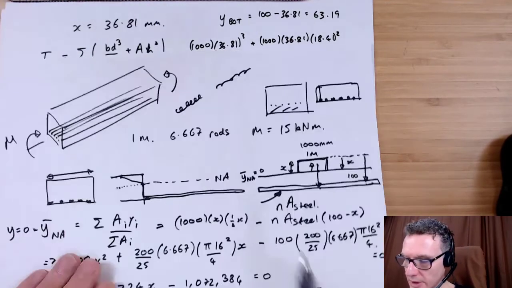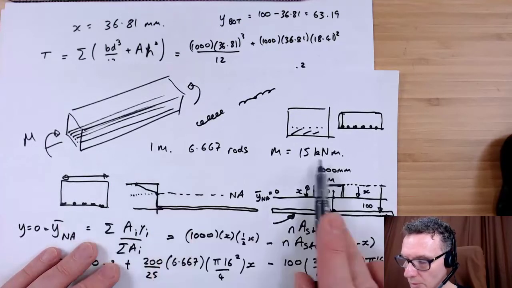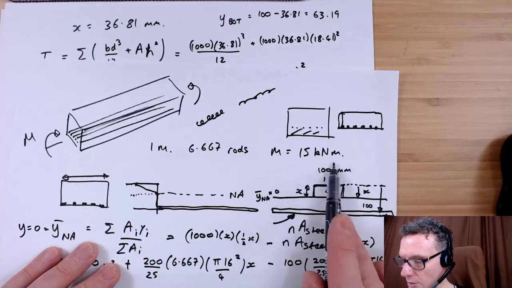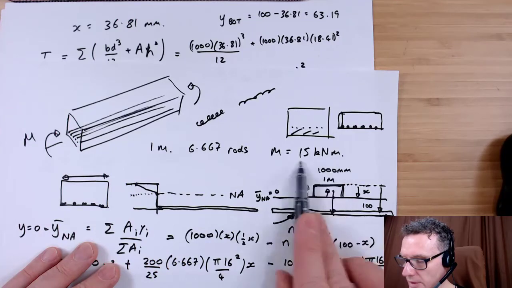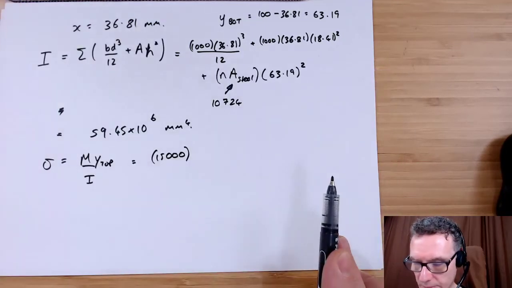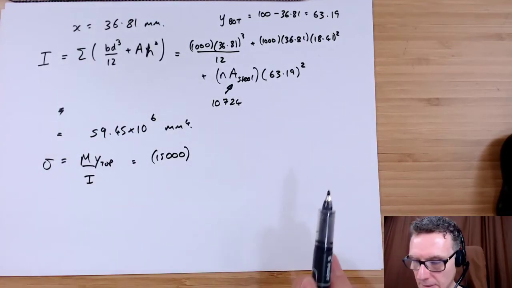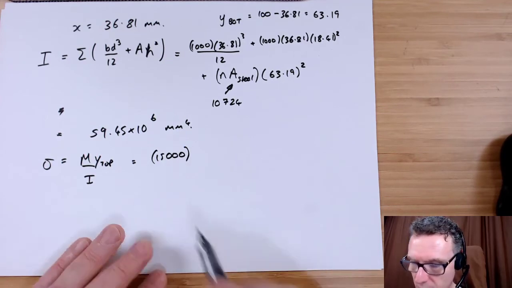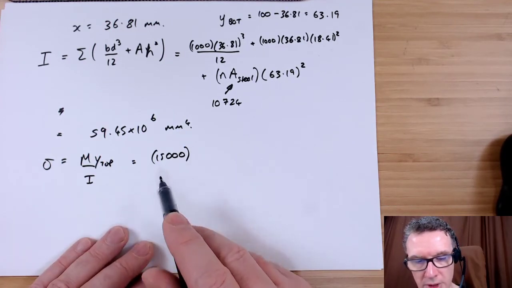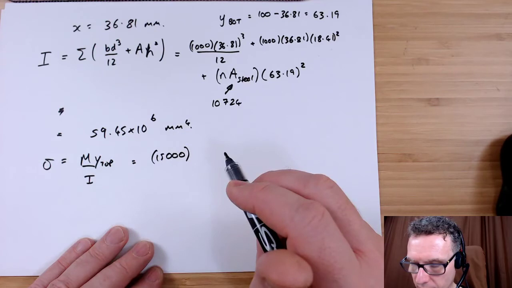If you remember that, it's because I'm assuming 1 meter, so I'm not doing per width or anything. Based on a width of 1 meter, we've got 15,000 kilonewton meters.